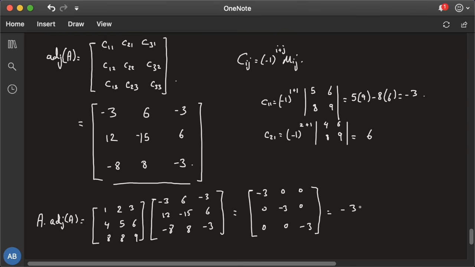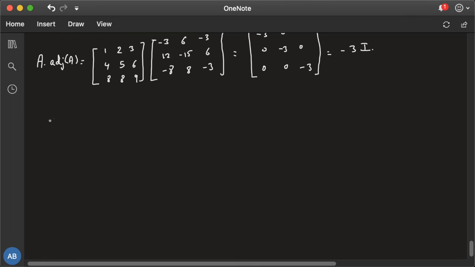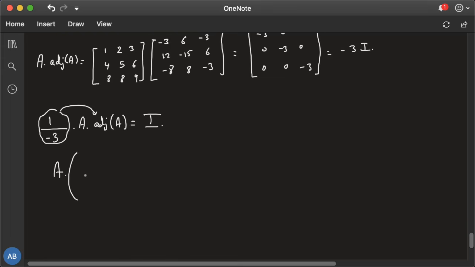It is minus 3 times I. In other words, if we divide both sides by minus 3, we get 1 over minus 3 times A times the adjoint of A is the identity. Rearranging a bit, you get A times minus 1 over 3 times the adjoint of A is the identity.